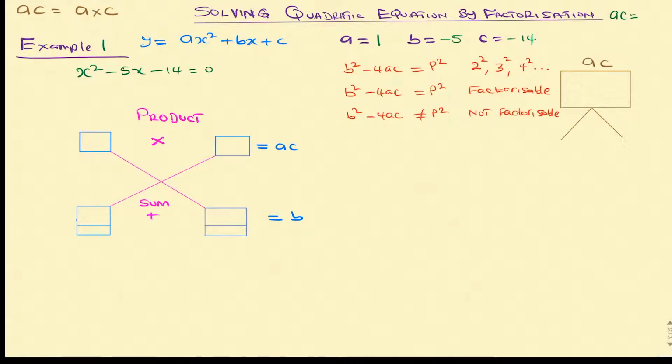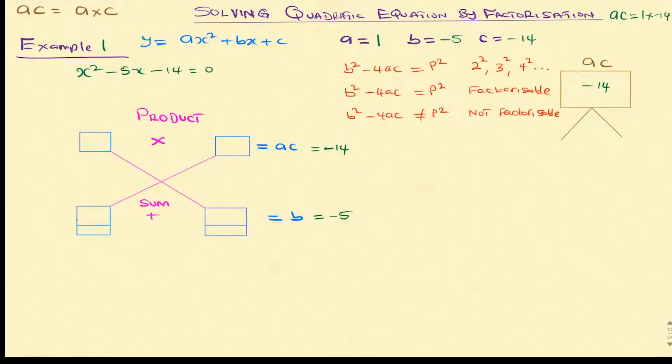AC is 1 times minus 14, and that is minus 14. So AC equals minus 14, and b equals minus 5.